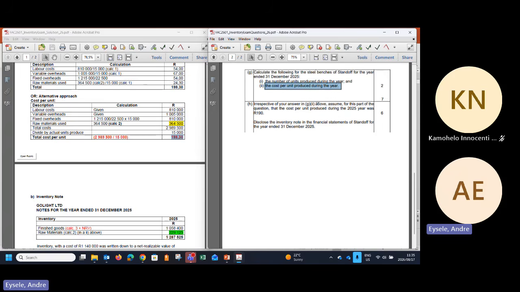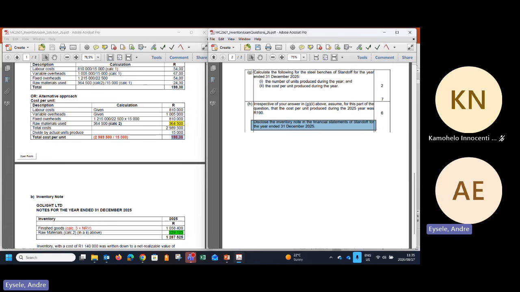So we said now, assume that if you did not get this cost, assume that the cost is now 190 Rand. Irrespective of your answer, the cost per unit produced is 190 Rand, then disclose the inventory in the note to the financial statements of Standoff.